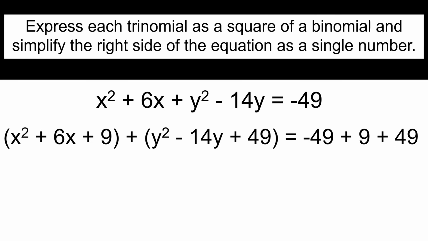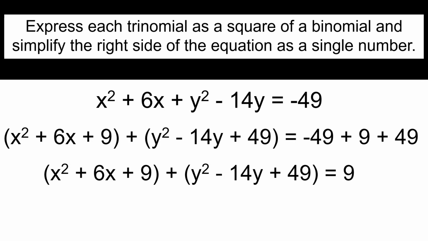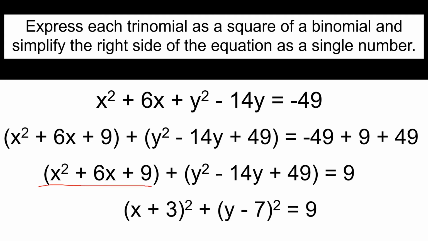Next, we're going to express each trinomial as a square of a binomial and simplify the right side of the equation as a single number. So, we have two groups here. Yung first trinomial, gagawin natin siyang square of a binomial. So, how are we going to do that? First, get the square root of the first term.